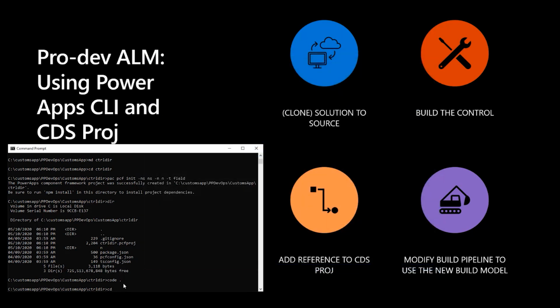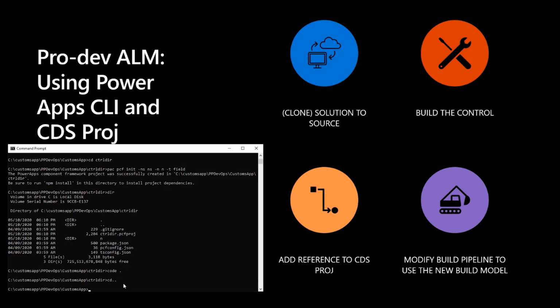Anyway, so let's go back here. So we want to create that reference. Remember what we want to do is now we want to create a reference from our CDS proj into the PCF proj, so that whenever we build the PCF proj in our custom app, it maintains and has the references to PCF controls and plugins and other things that we might want to create and reference here. So we're going to do pack solution add reference, and the path here is simply in the same control dir here.